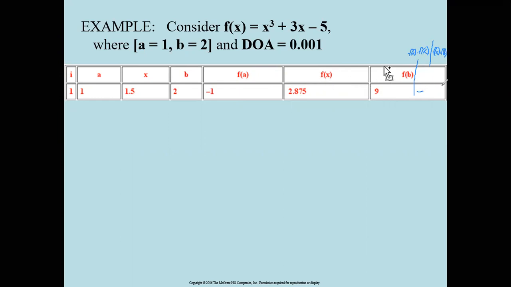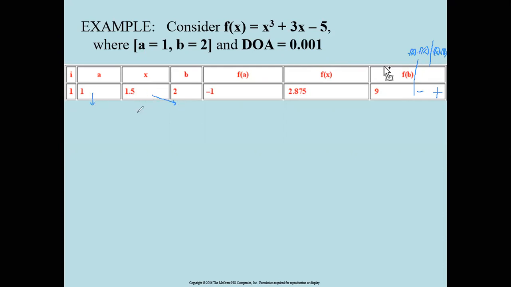And this one is positive. So we expect that the root lies in the lower interval, between a and x. So for the next iteration, we need to set this value of x to be the new b and retain the value of a as the new a. So we expect that this is 1 to 1.5.